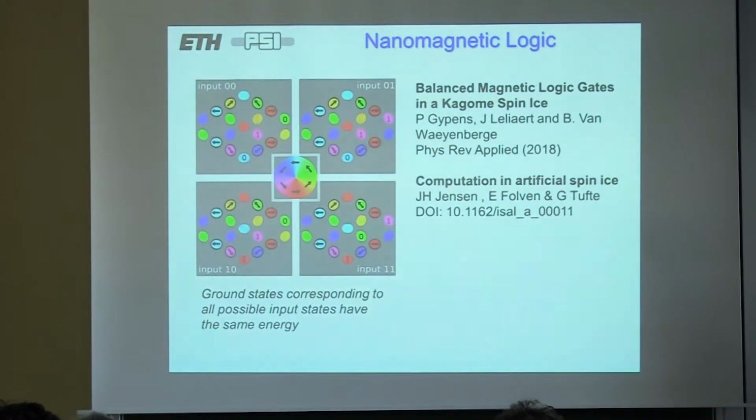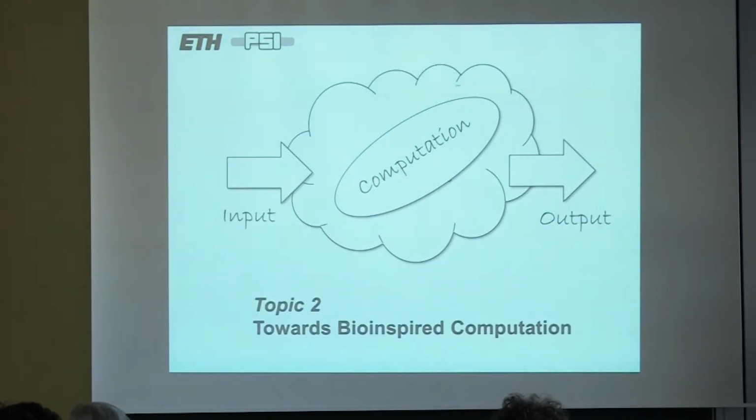So rather than considering individual configurations, they're now interested in the energy levels and the general configurations. There's also a paper here on computation in artificial spin ice. So people are just beginning to think now, how can I compute using these complex arrays of dipolar coupled nanomagnets? Okay, so that was a little bit about computation.